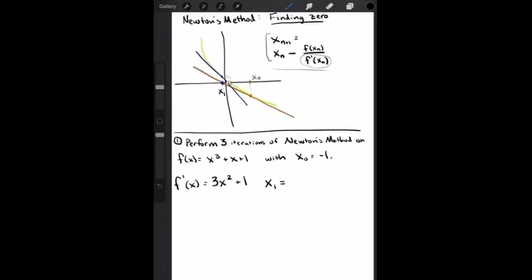So we have this formula up here for finding x sub n plus 1. So if we're looking at finding x1, and we have a formula for x n plus 1, what is n going to be when we're trying to find x1?